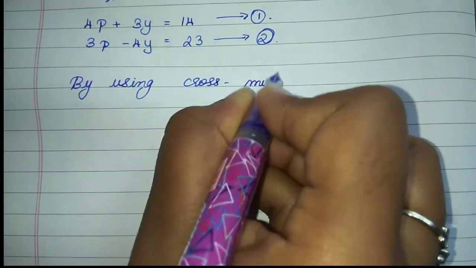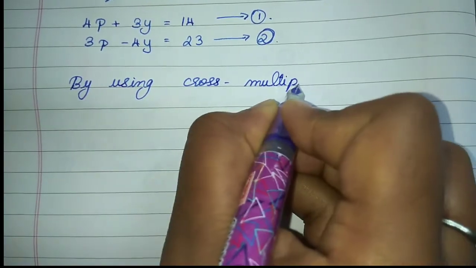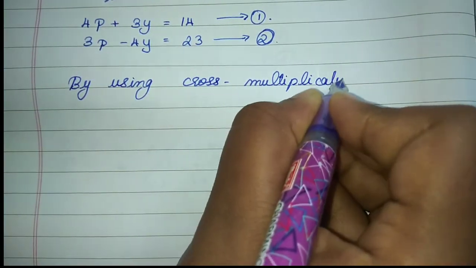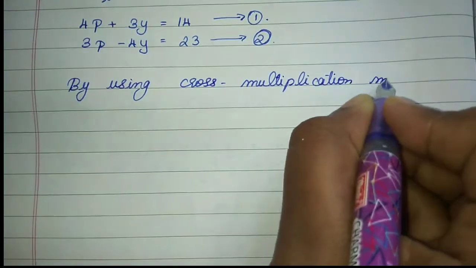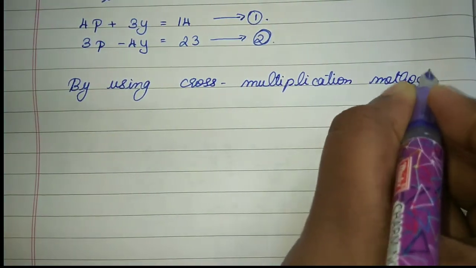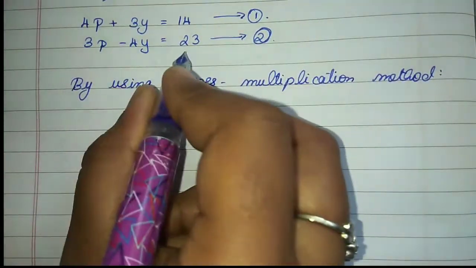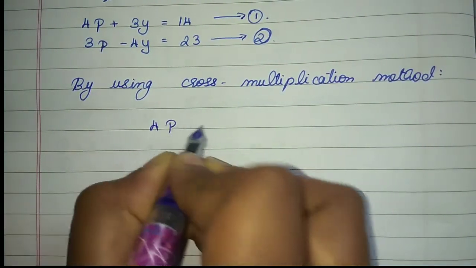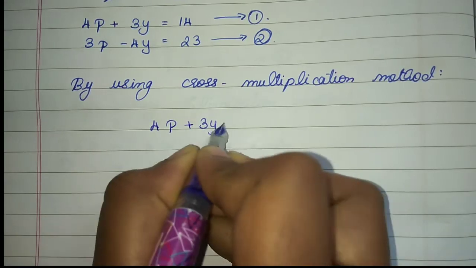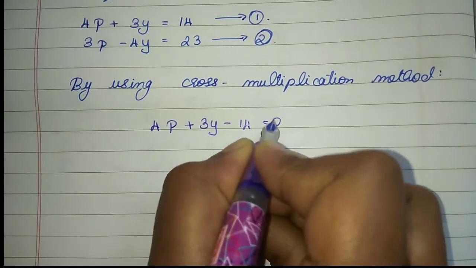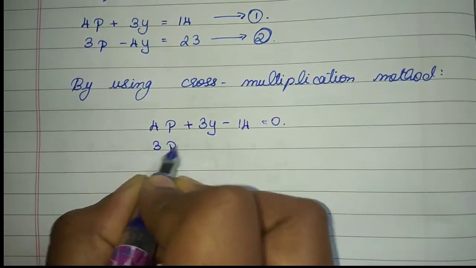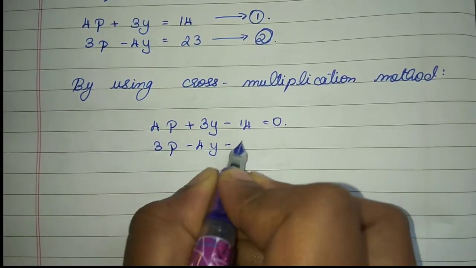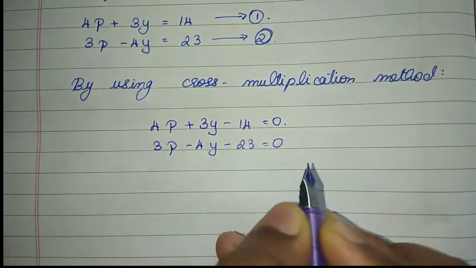By using cross multiplication method, we will be just writing this in standard form. Yes. So 4p plus 3y minus 14 is equal to 0, and 3p minus 4y minus 23 is equal to 0.